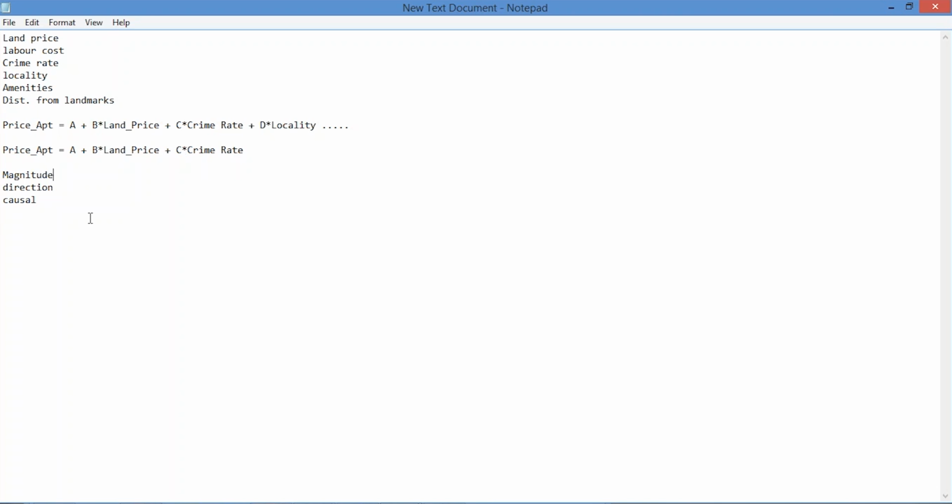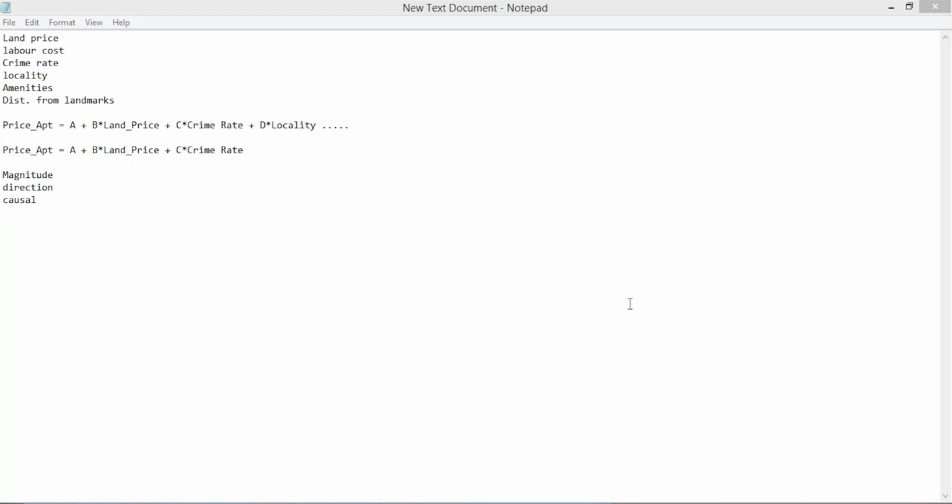Kamtha is asking about base price. Base price is only A here, right? Ravi is asking, you mean range as the limit? When I say range, Ravi, it means it can take any value.